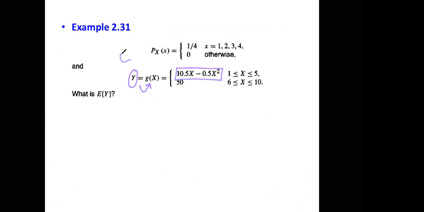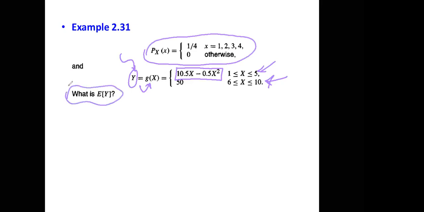The function of x, or the y, is given for two different ranges, and also the p of x, probability of x, is given. Now they are telling you to find E of Y.